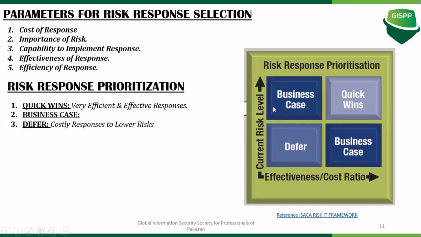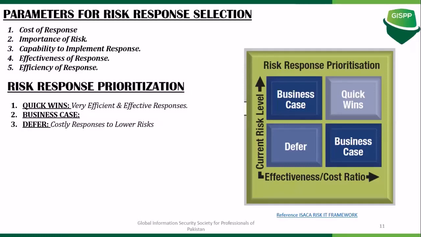So you adopt those risk response options which are very efficient and effective, which go back to the areas I had mentioned earlier. Effectiveness of the response will help you in reducing the likelihood and the impact. So you have the quick wins, or what you call low hanging fruits. This is something that you can employ quickly and reduce the risk to levels which are within your risk appetite.